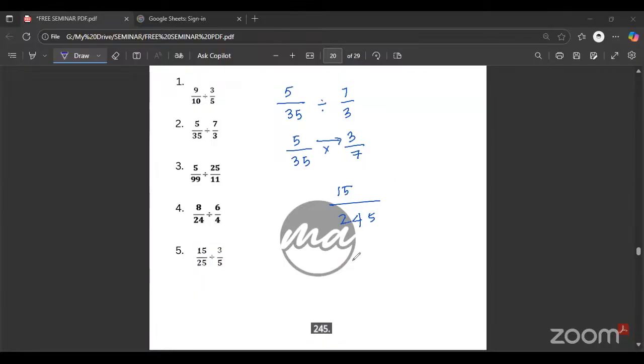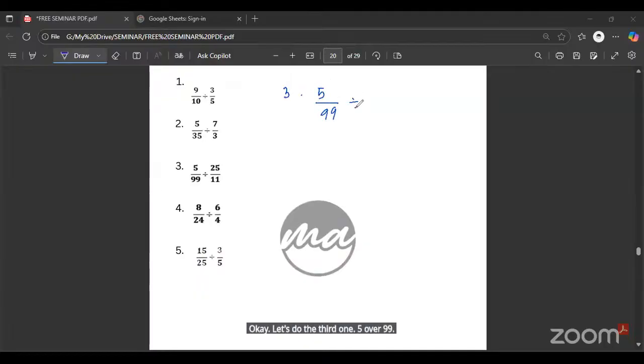Now you can simplify this further as 3/49. Did you all get that? Yes, miss. Okay. Let's do the third one.